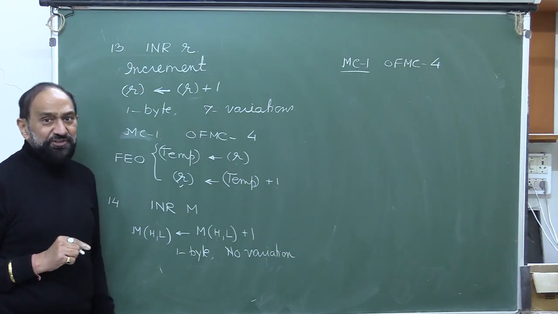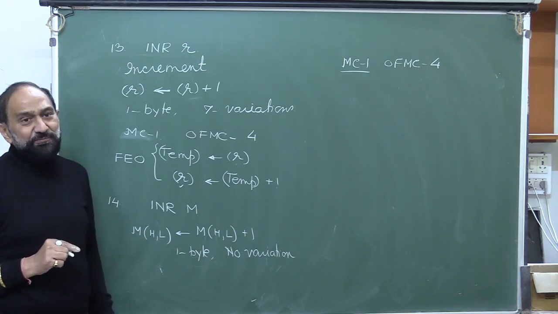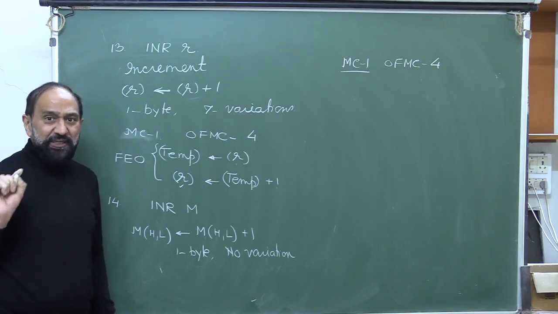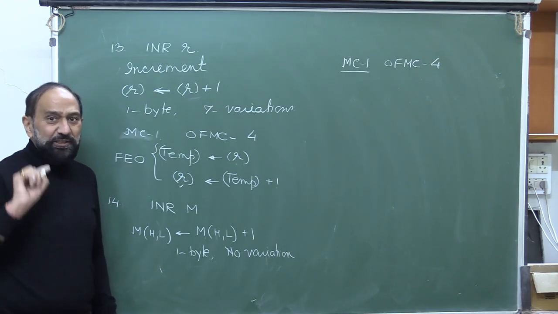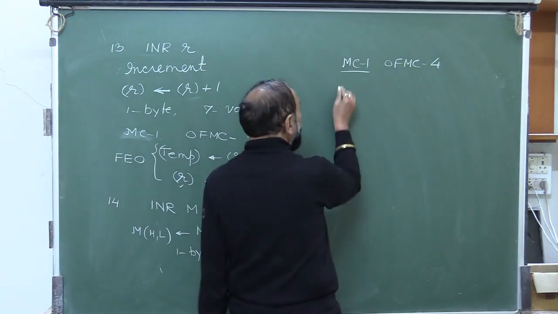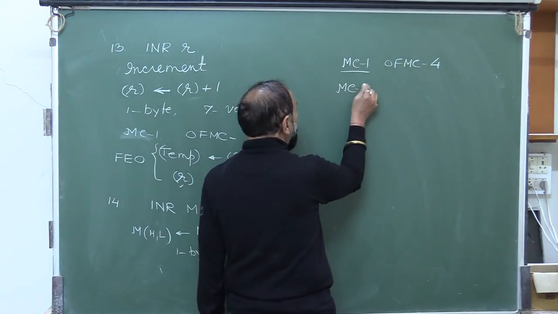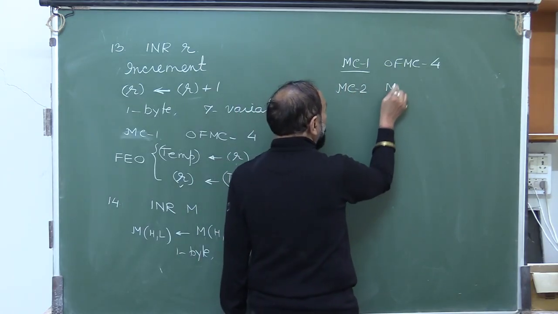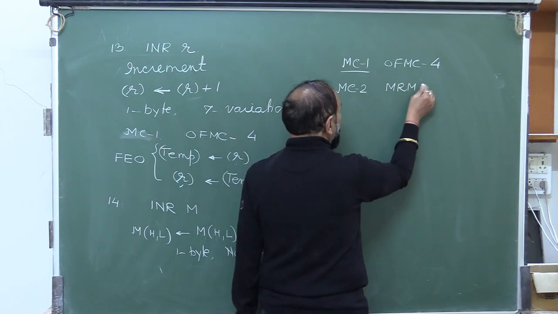It means first the data should be read from the memory, because any arithmetic operation takes place only in the ALU. So a second machine cycle is executed, which is a memory read machine cycle.